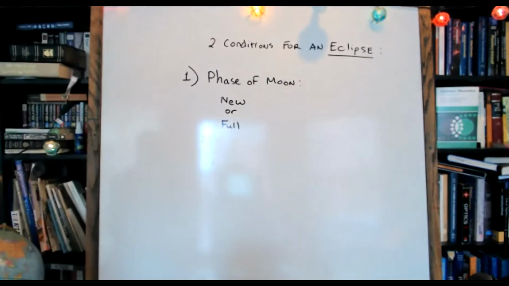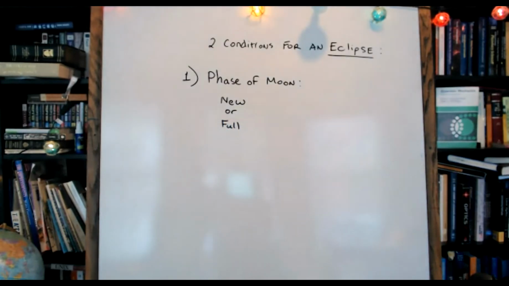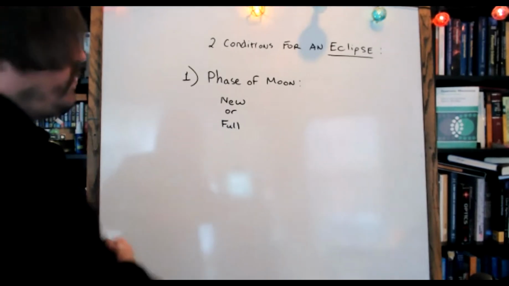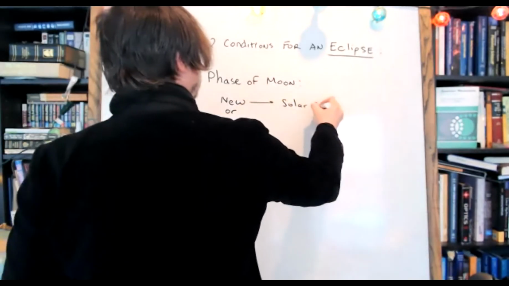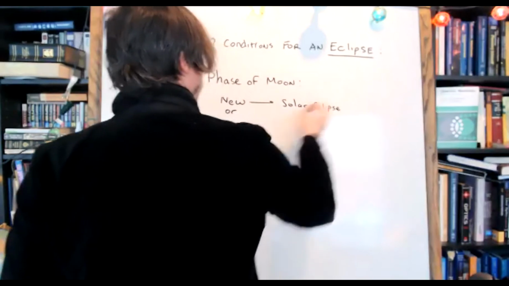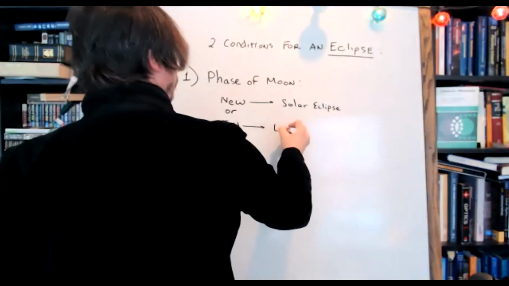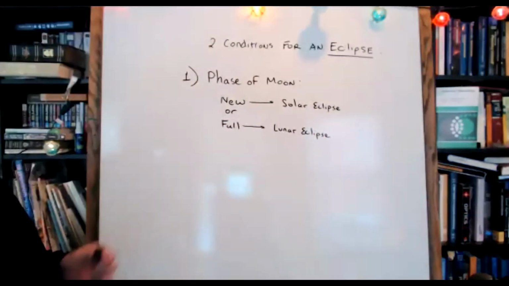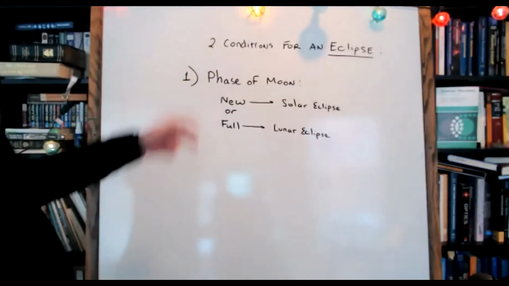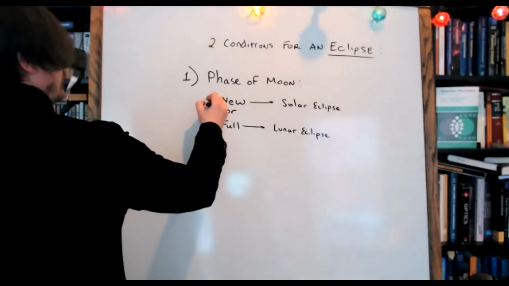Let me close the blinds a little bit here. A new moon will give you what's called a solar eclipse. A full moon will give you a lunar eclipse. So that's one of your conditions. The phase of the moon has to be either new or full.